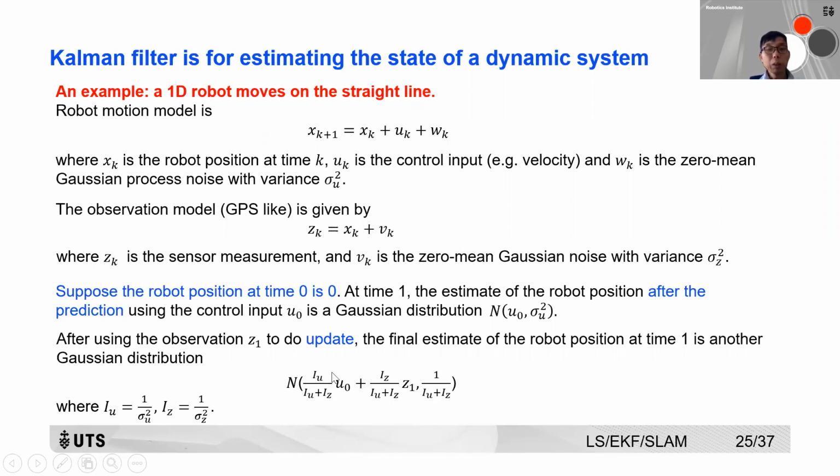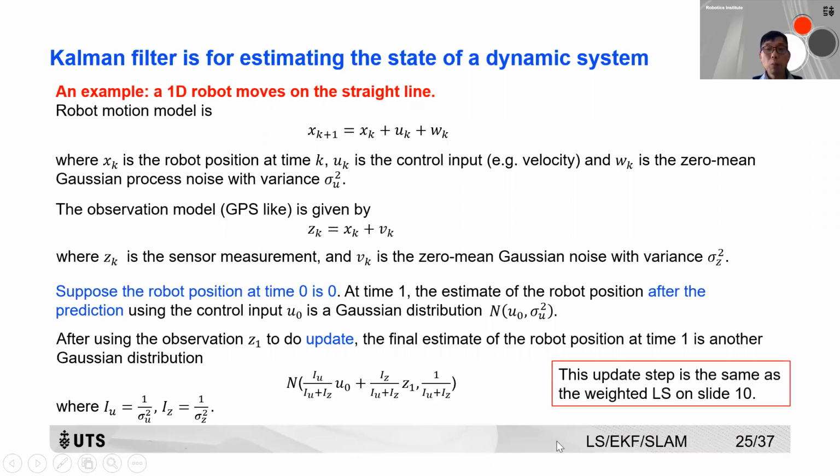So if you still remember the weighted least square we talked about on slide 10, this result is exactly the same as the weighted least square, where we have two measurements. One is U0, one is Z1, and the first measurement has variance sigma U square. The second measurement has variance sigma Z square.